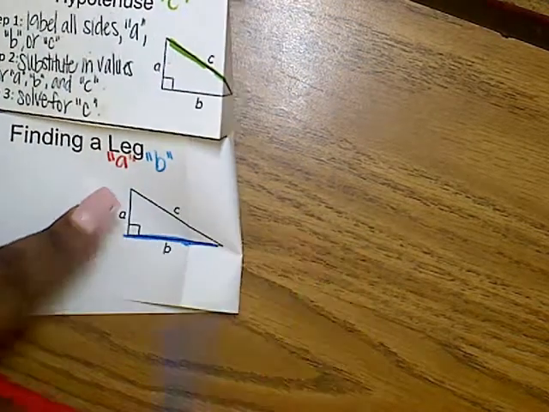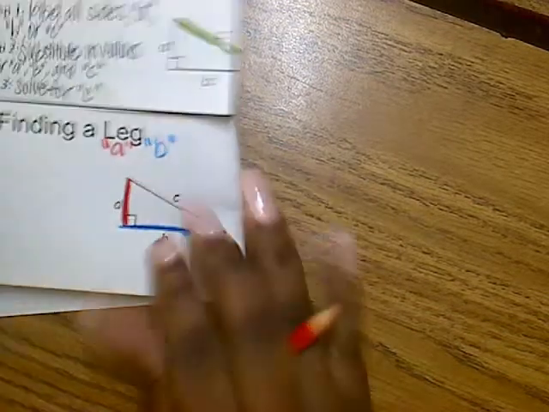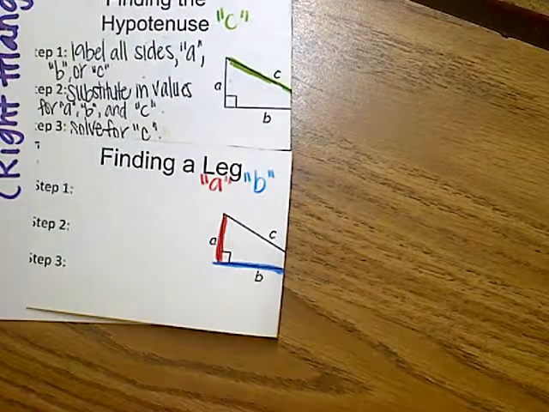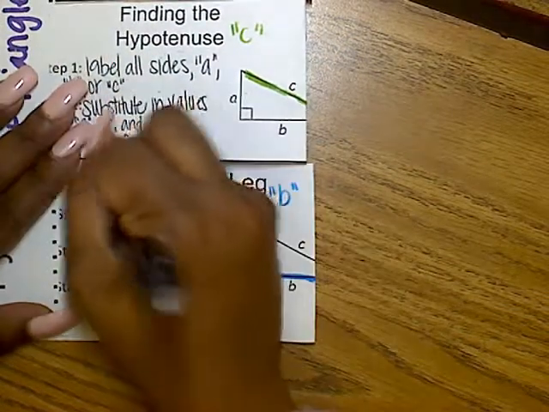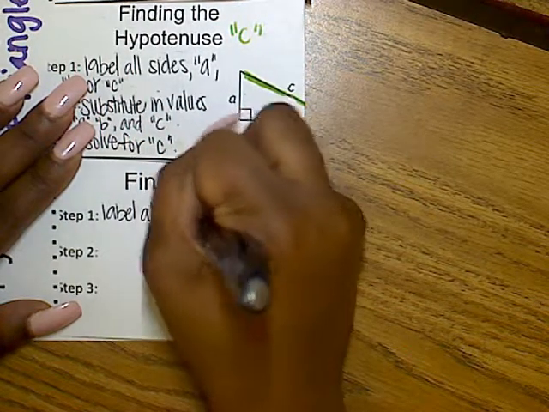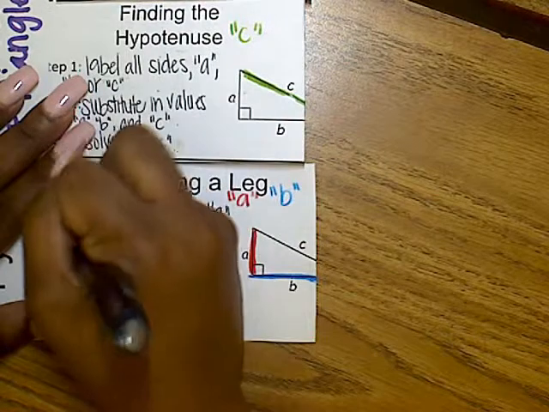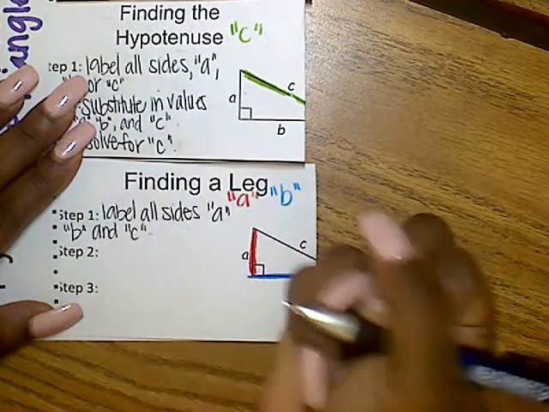And the steps are actually going to be the same as to find the hypotenuse. Step 1, you're going to label all sides A, B, and C. You always want to do that first.